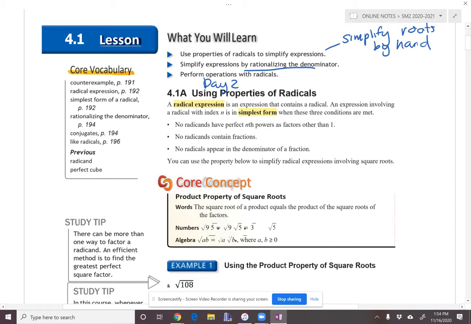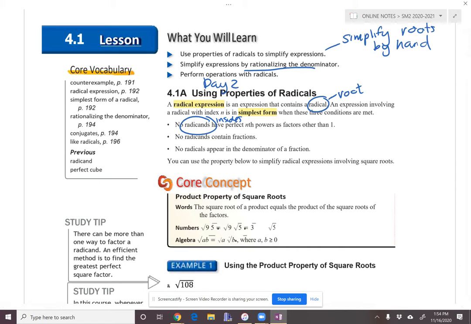4.1a says using properties of radicals. A radical expression is an expression that contains a radical. This is also a root. An expression involving a radical with the index n is in simplest form when these three conditions are met. No radicands, the radicand is the inside, have perfect nth power factors other than 1.